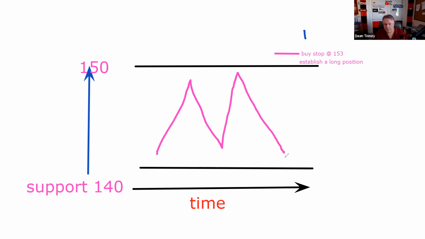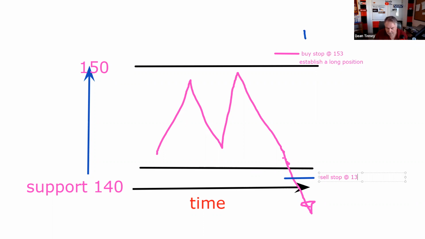And so again, in my chart, here's the key point. What happens next? What I want to do is go short if it breaks through the support line. So test question, what I might want to consider doing is placing a sell stop, telling my broker, if Apple trades at or through 140, I'd put it typically below that. So I'll put my sell stop at maybe 138. You don't have to actually come up with it; the numbers will be provided to you.